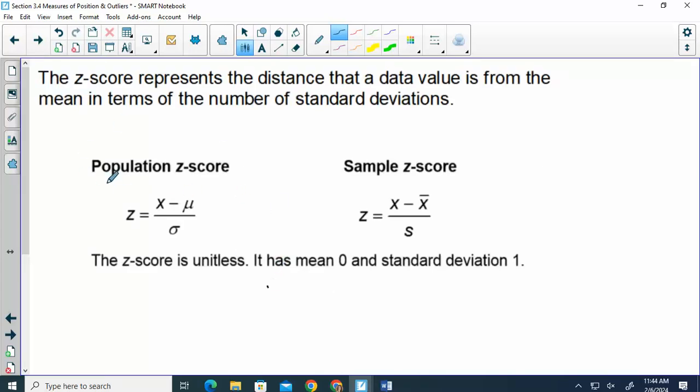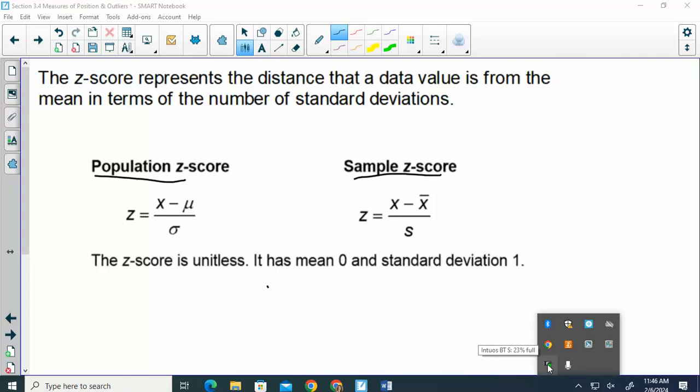A z-score is basically a measure of how many standard deviations you are from average. You can do it with a population or a sample. It's the same thing. It's your value minus the mean divided by the standard deviation.